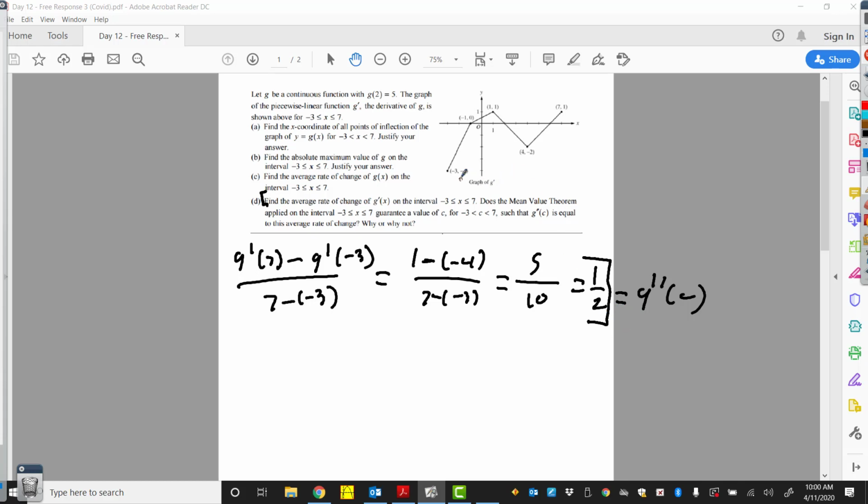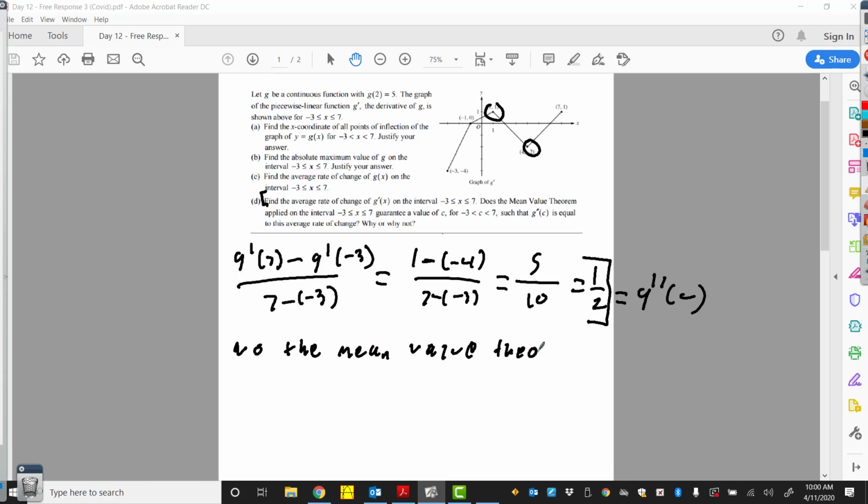So is g prime of x continuous at all points? Yes. The question is, is it differentiable at all points? And that is a resounding no, because of these sharp turns here. Remember, sharp turns make it not differentiable, which means our full answer would be no.